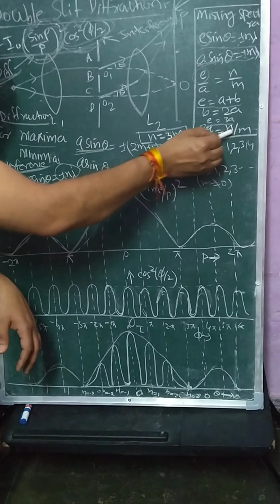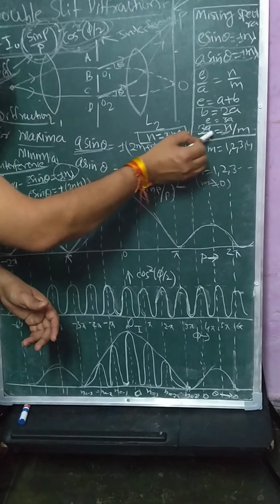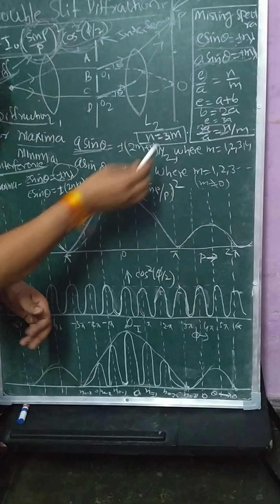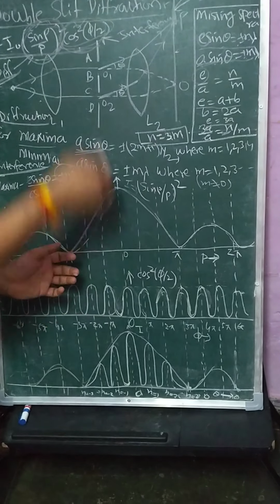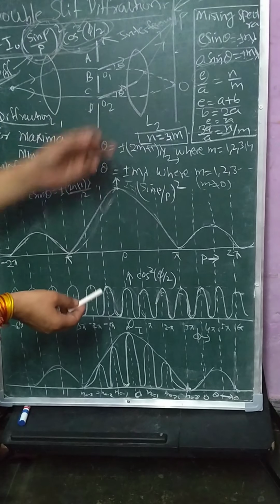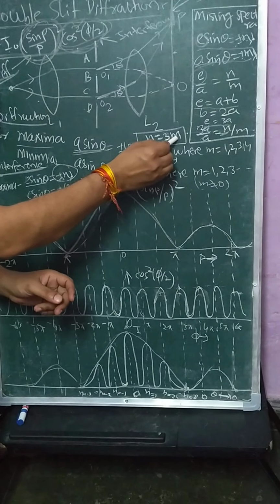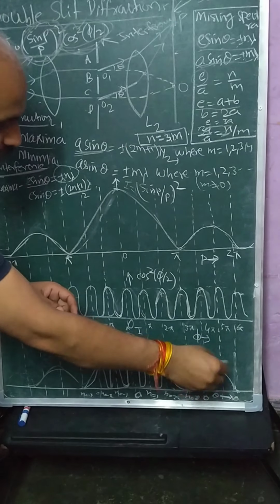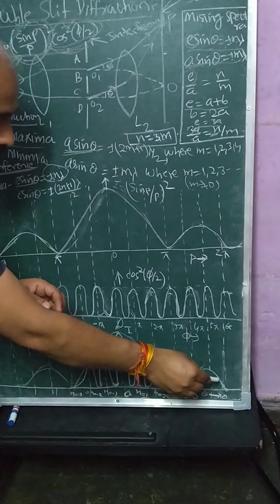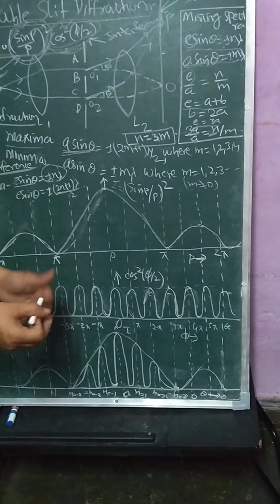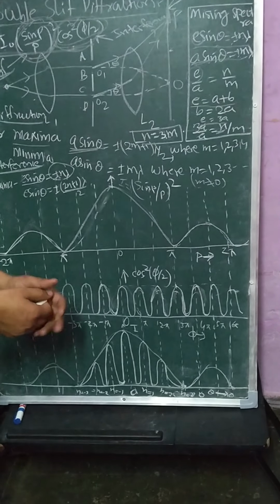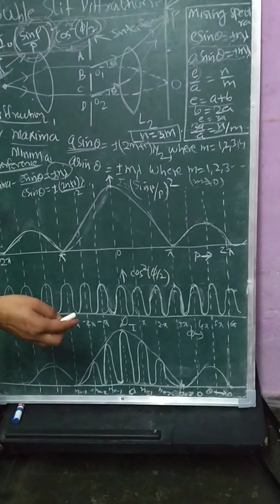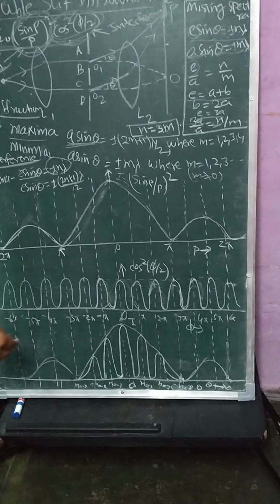So n equal to 3m. According to this, 3m means m equal to 1, 3; m equal to 2, 6; m equal to 3, 9. So consecutive orders 3, 6, 9 maxima are absent, it is missing spectra. It's called the missing spectra. Okay, thank you.